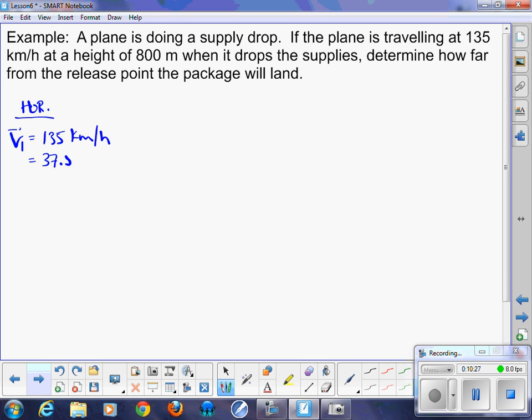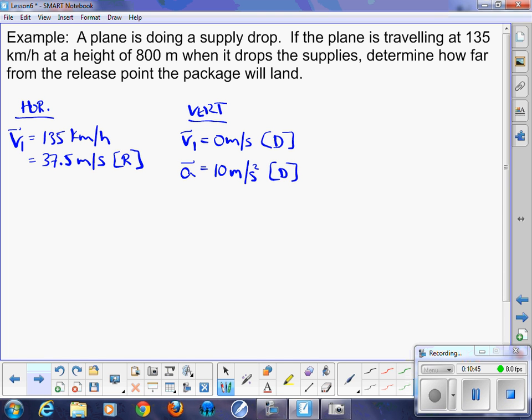So that's 37.5 meters per second. And I'm going to say he's heading right, which means my vertical V1 is 0, because I'm assuming he's flying perfectly flat. I know acceleration is going to be 10 meters per second squared. That's down. The height is 800 meters, so we know how high the plane is. So that is a vertical.